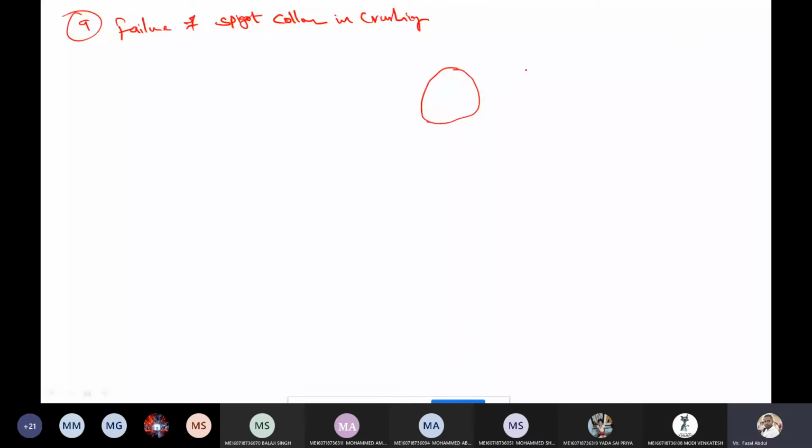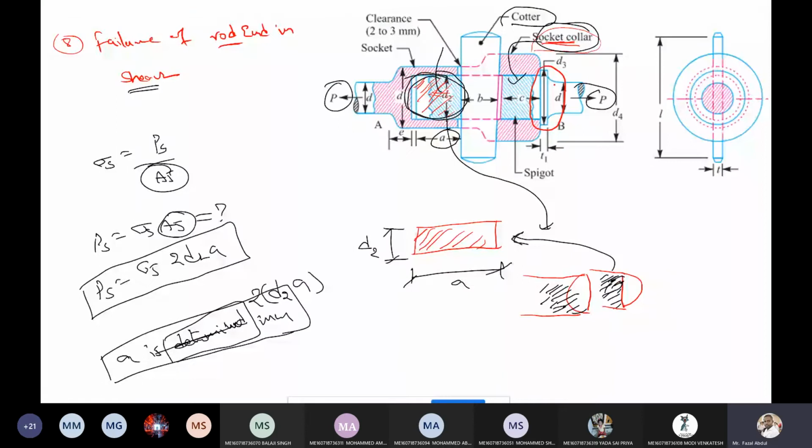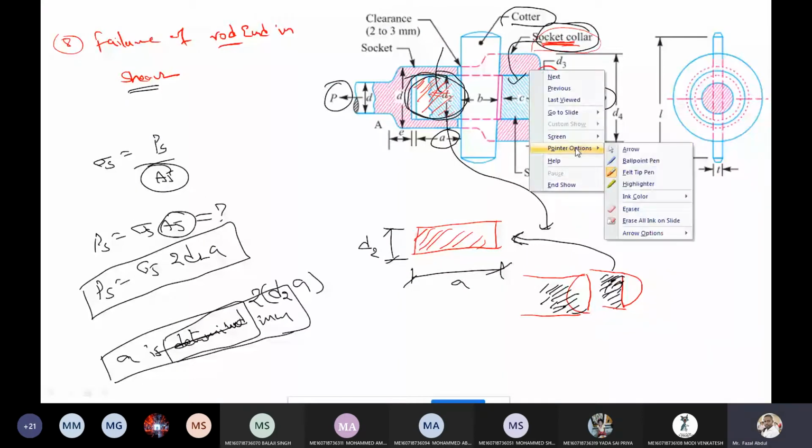This is the outer diameter of the spigot collar as D3, and this is the inside diameter, otherwise outside diameter of spigot D2. Now, where we can find the crushing here, see here at the point of contact with the socket collar. In this region, we can find the crushing.